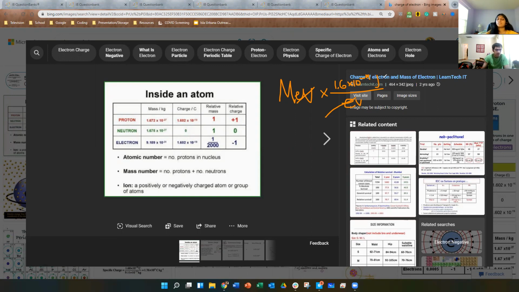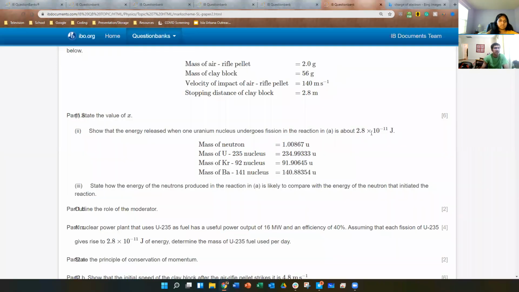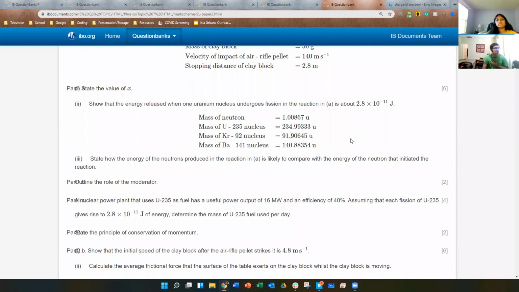And that gives us 2.7 times 10 to the negative 11. I think they wanted 2.8 times 10 to the negative 11. If you round properly, it's 2.8. Good, so our methodology was correct. It's just unit subtraction, addition, and then unit conversion. State how the energy of the neutrons in A is likely to compare with the energy of the neutron that initiated the reaction.